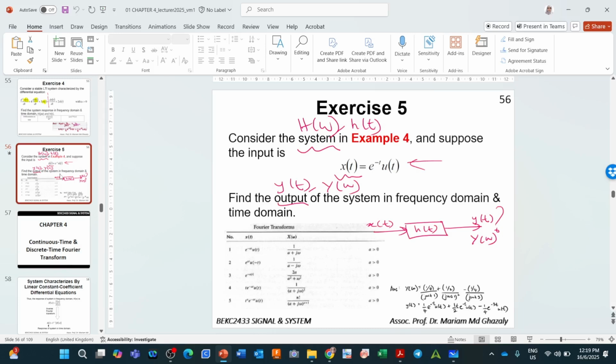Y(omega) equals X(omega) times H(omega), where H(omega) involves j omega plus 1 and j omega plus 3. So this is H(omega).